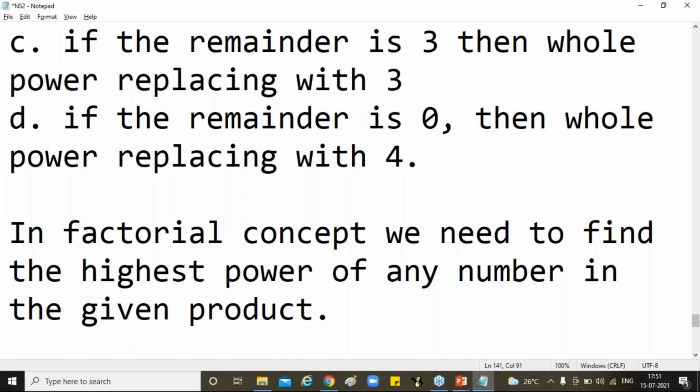Product means factorial. So 5 factorial means 1 into 2 into 3 into 4 into 5. 1000 factorial means 1 into 2 into 3 and so on up to 1000. That is one product.